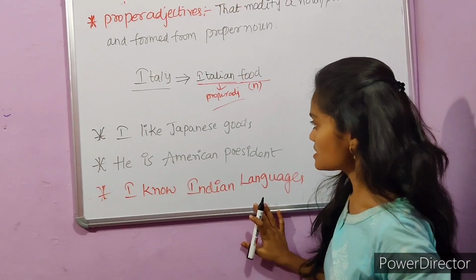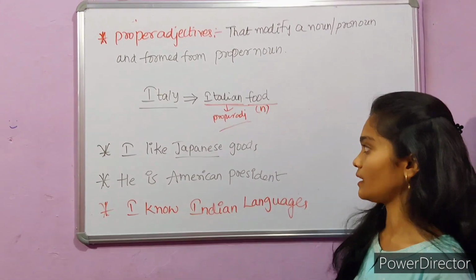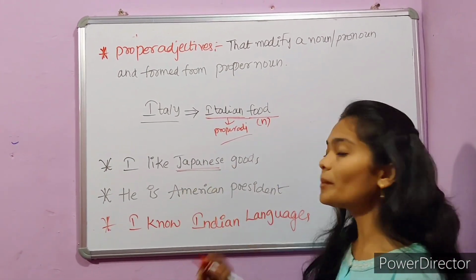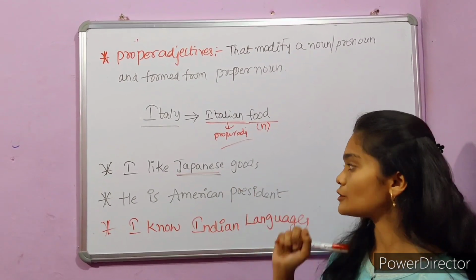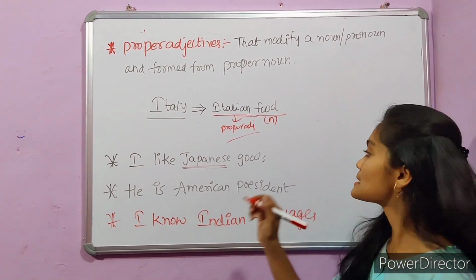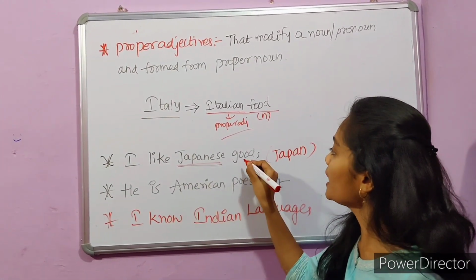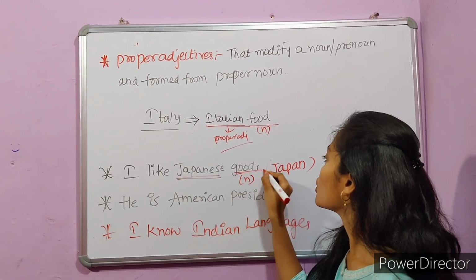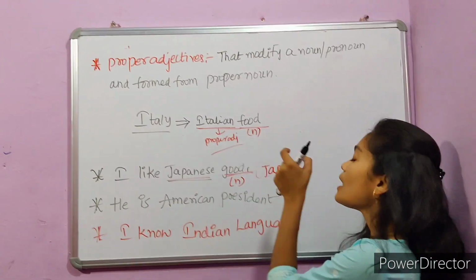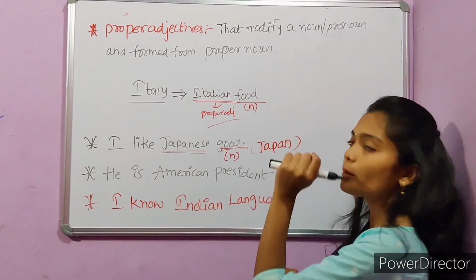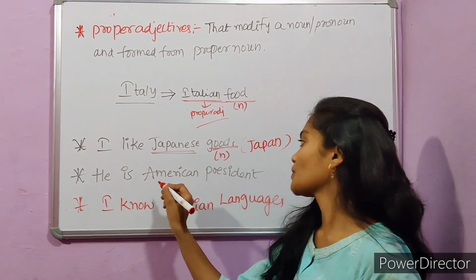In these sentences, Japanese is a proper adjective because it is formed from the proper noun Japan. And at the same time, it qualifies the noun goods, right? It qualifies the noun and it is formed from the proper noun. So, it is a proper adjective.